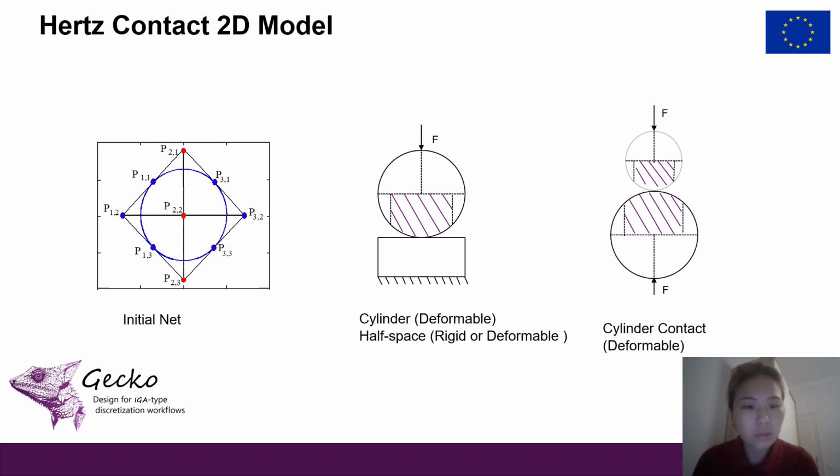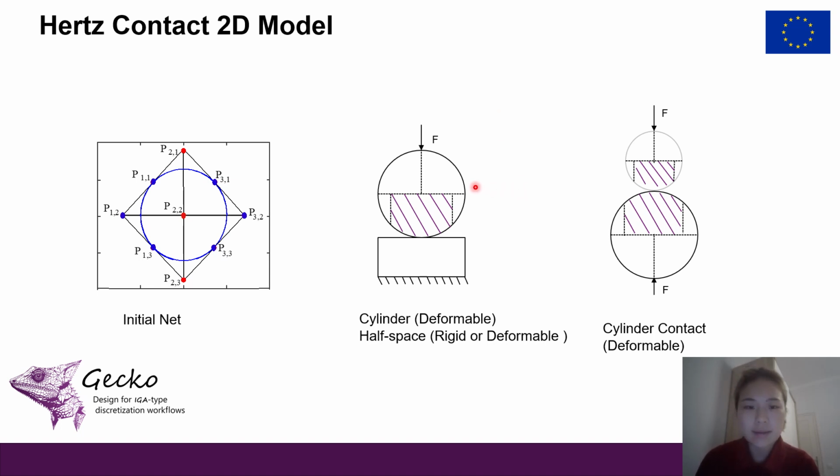Now we show our Hertz contact 2D model. This is the initial IGA control points net, which defines the geometry of a 2D cylinder. According to the Saint-Venant principle, the local stress and deformation near the contact region are not affected by the boundary conditions far away from it.